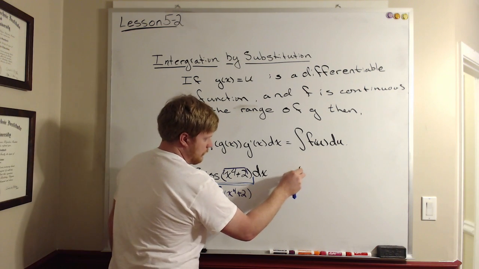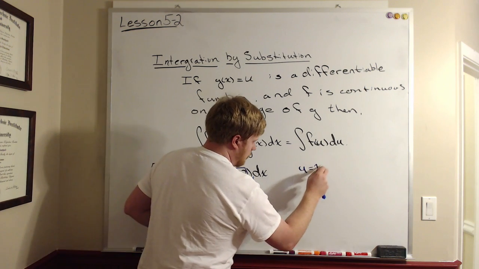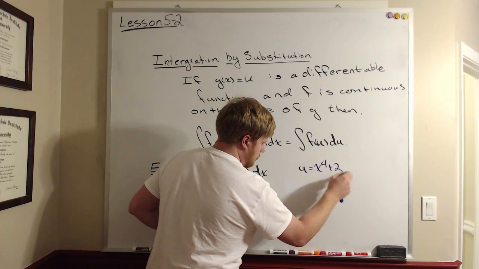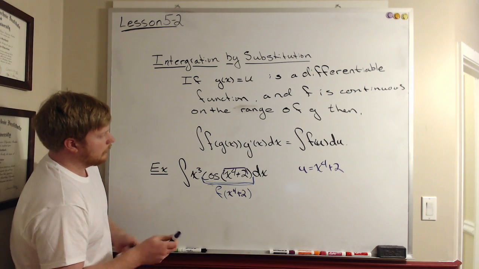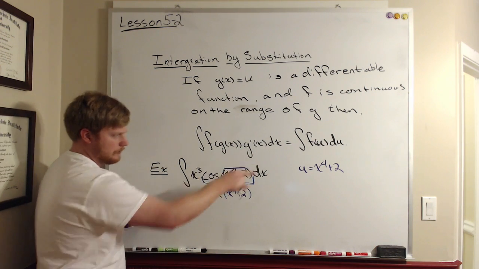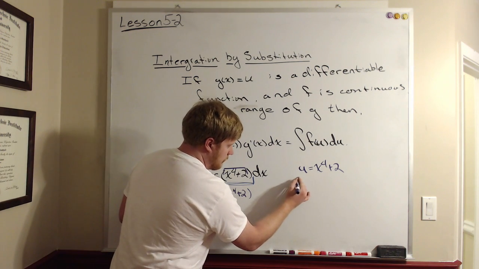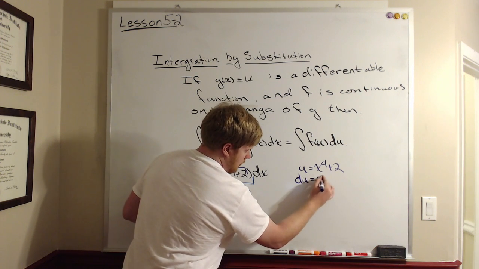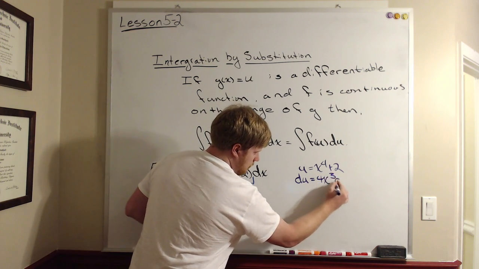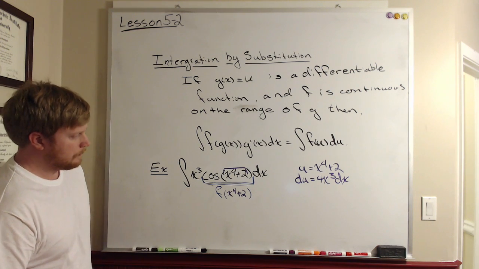So we'll come over here and let's set u to be x to the 4th plus 2. And then we want to find the derivative of u and see if that appears on the outside of f. Well, the derivative of u with respect to x, of course, is 4x cubed dx.